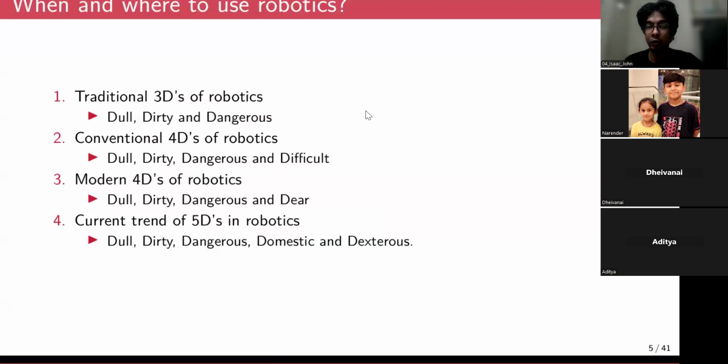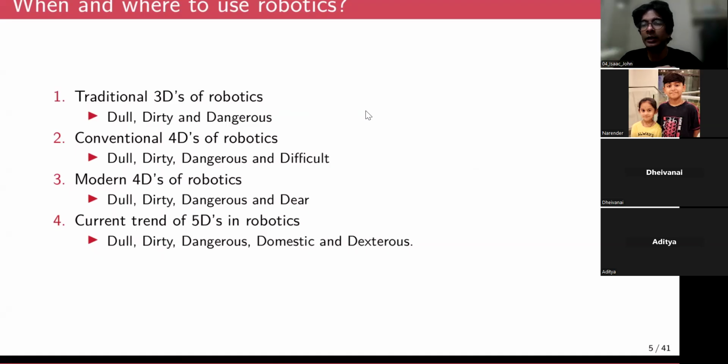And then robots are also deployed for tasks that are dexterous. You would most often see this term dexterous in the manipulator community. What dexterity means is that if you have a point in the workspace, and you can realize that point in any sort of orientation, in all orientations, then such points are called dexterous points.